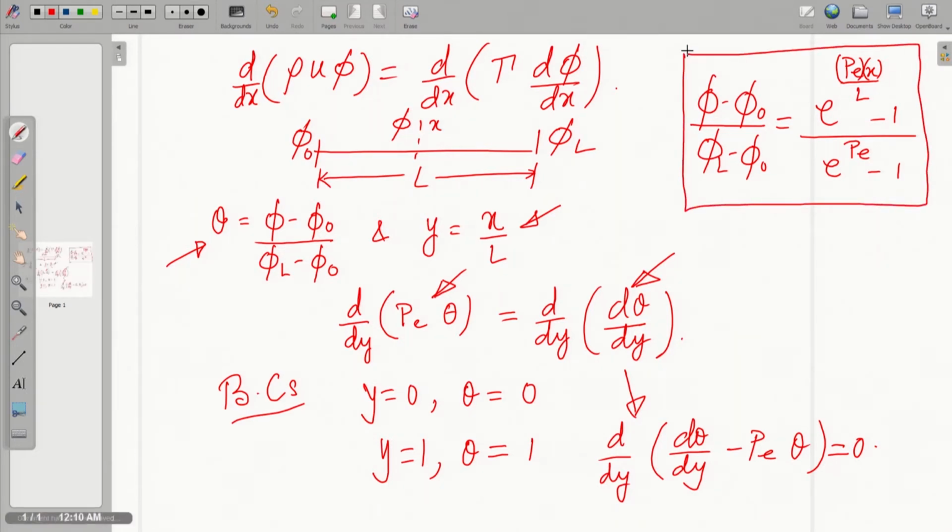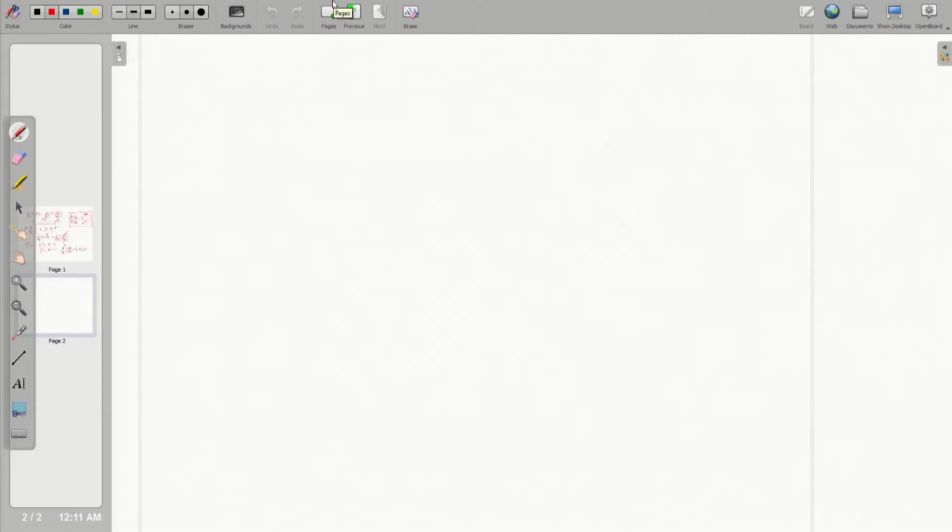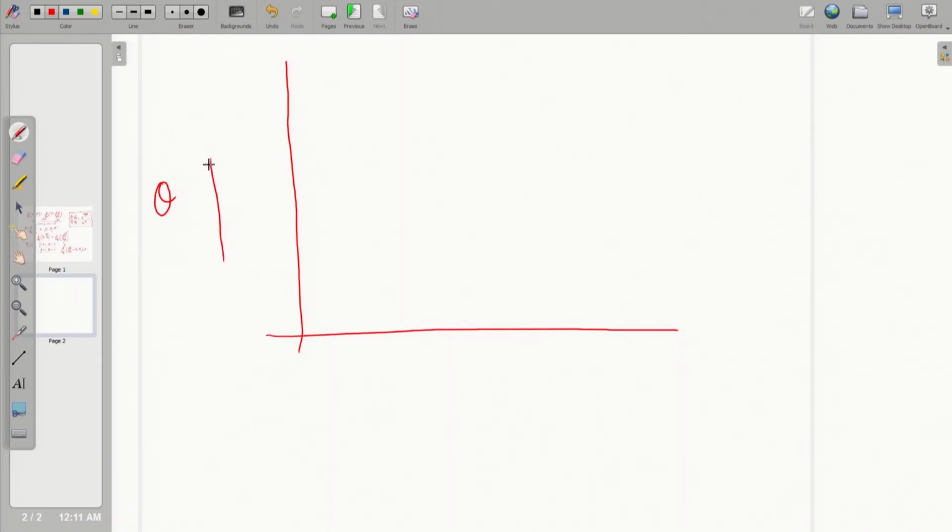So, this is the exact solution of the advection diffusion equation in one dimension, and then taking a clue from this definition, one can derive very interesting results. Let us say if you are plotting a theta versus x curve, then you can imagine that for Peclet number equal to 0, you would have 0 advection effect, right.